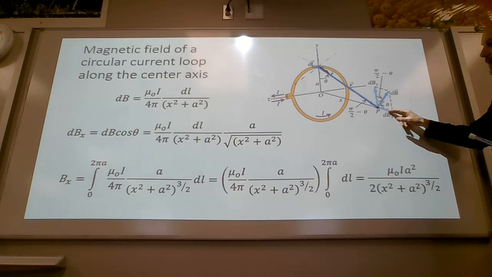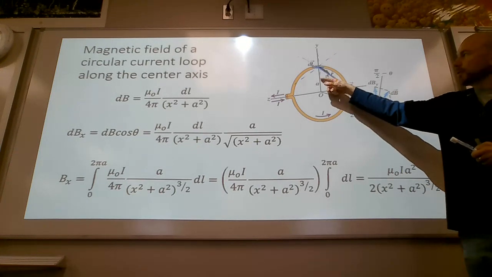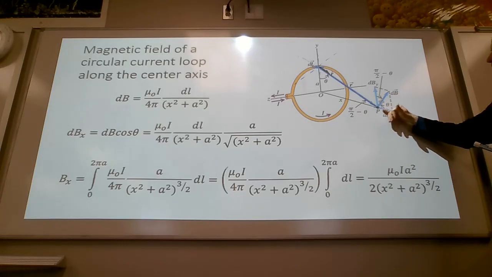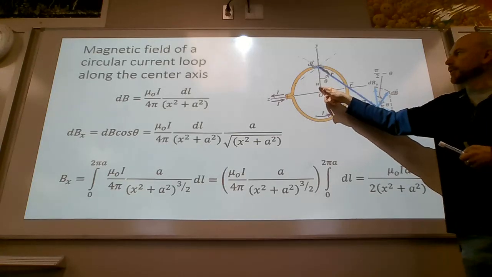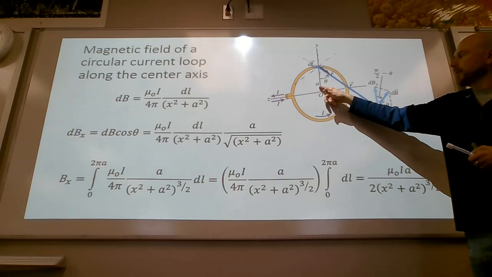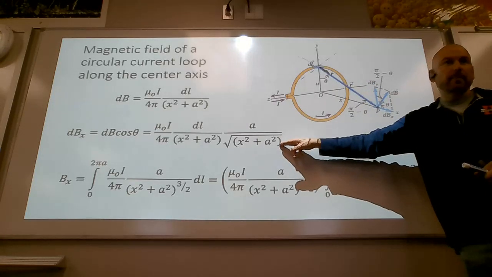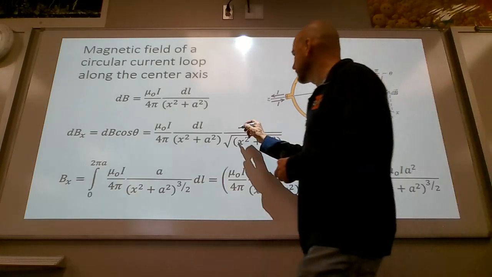So all I need is the X component. So with this being theta, do some geometry. This is theta. So I just need this component, so I need cosine. So that's the radius of the ring, A, over hypotenuse. Okay, so here's cosine.